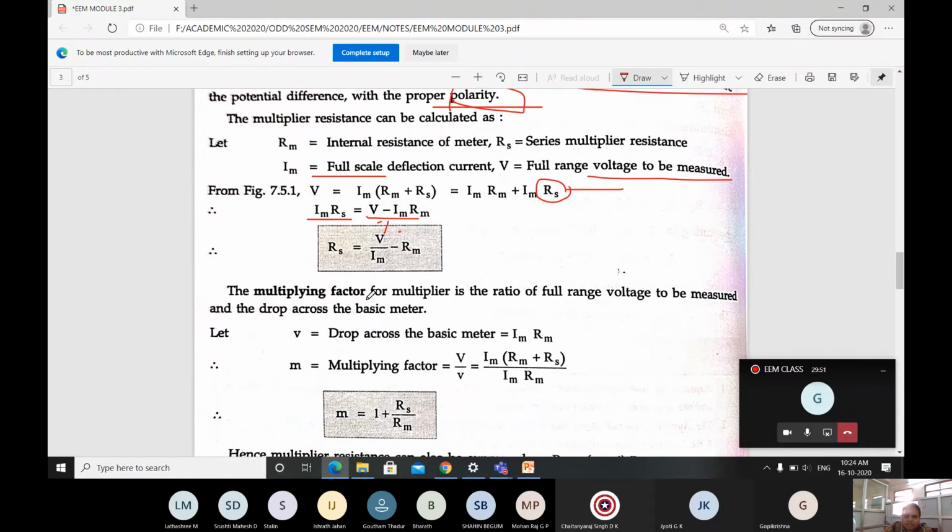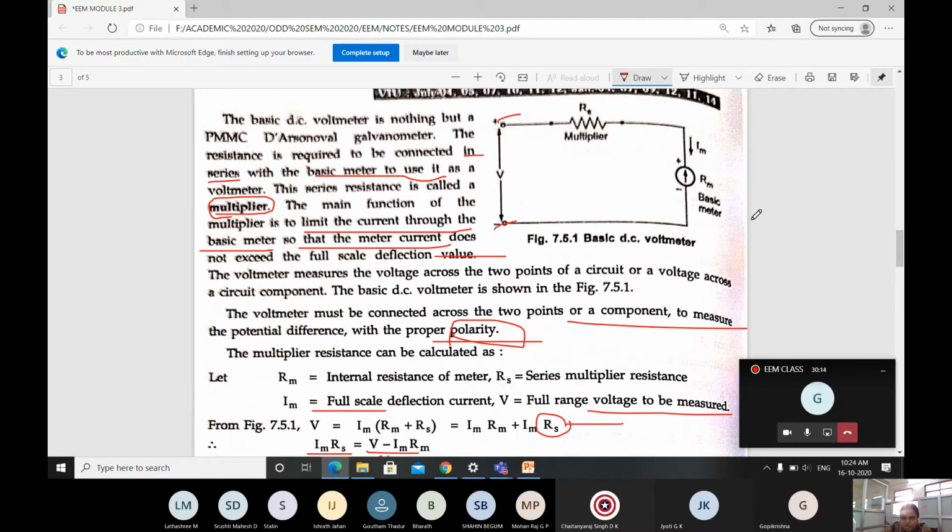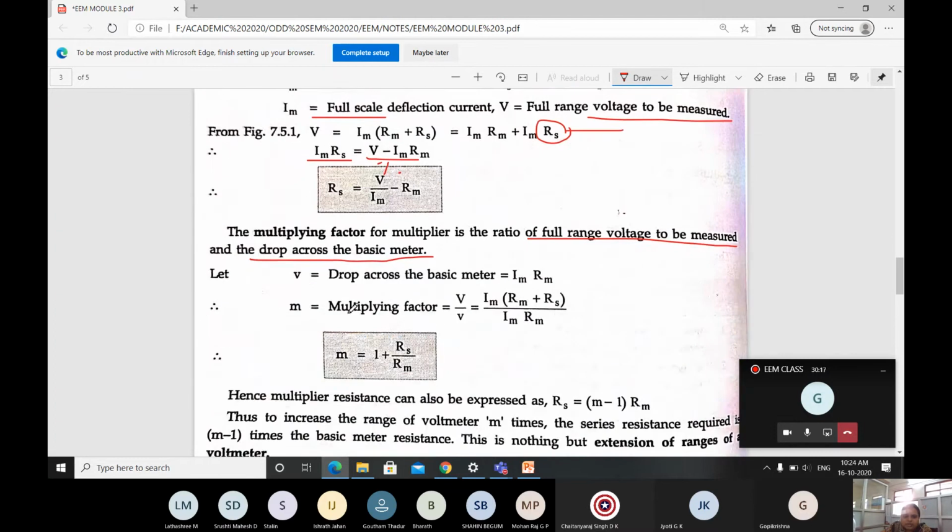The multiplying factor for the multiplier is the ratio of the full range voltage to be measured to the drop across the basic meter. Let small v, the drop across the basic meter, be Im into Rm. Therefore, M is the multiplying factor: full range voltage, capital V, to the drop across the meter, small v.